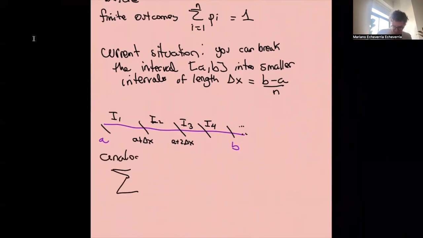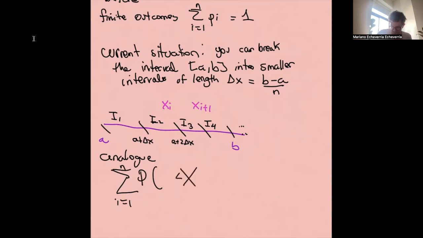Here the analog would be these sums for each interval: the probability that x is between x_i and x_{i+1}, if we call these the endpoints of the intervals. By the way, x_{i+1} is just x_i plus delta x, because all our intervals have the same length, but it doesn't matter. That should add up to 1, right? That's what you would like.